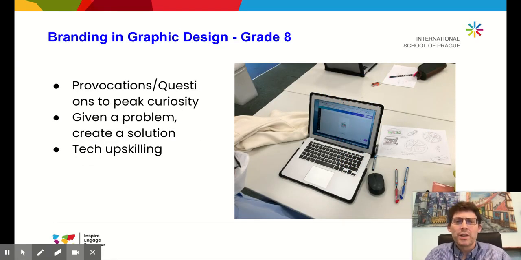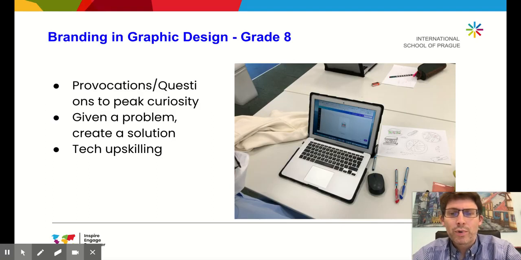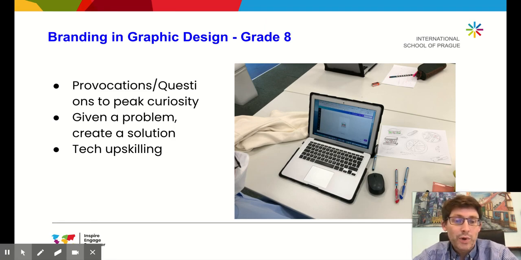When I walked into graphic design class in grade 8, students were given a scenario or a problem to try to create a solution for. In this case, they were given a business model and a business plan, and asked to create some branding using certain parameters, where some students had to use certain types of fonts, patterns, or cartoon animations.